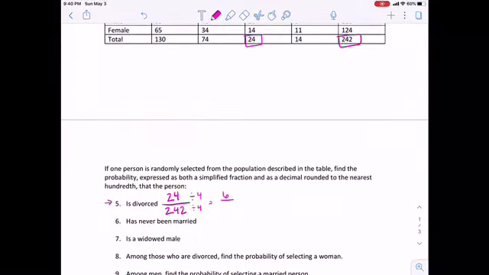I don't really want the decimal, so instead of dividing by 4, let's try just using 2's. If I divide them both by 2, 24 divided by 2 is 12, and 242 divided by 2 is 121. Now I know that I can't simplify that any further, so my fraction is 12 over 121.